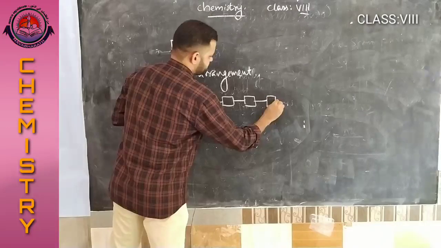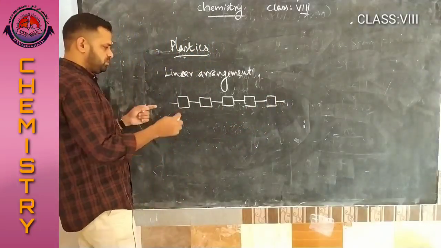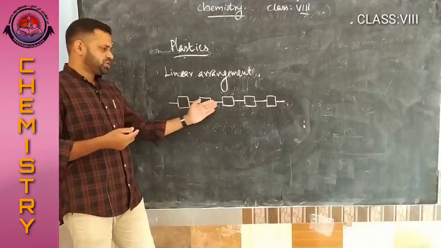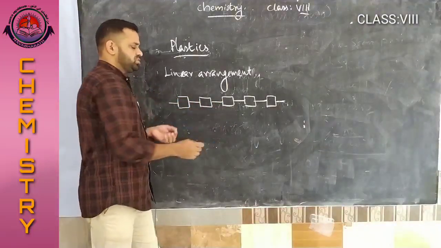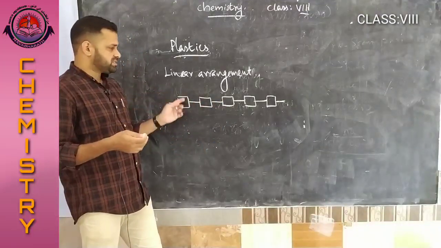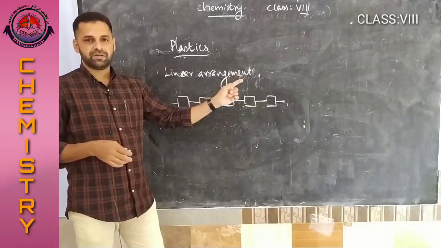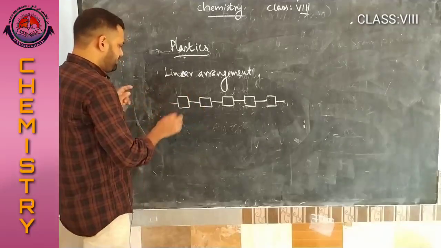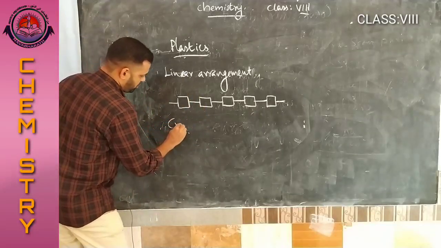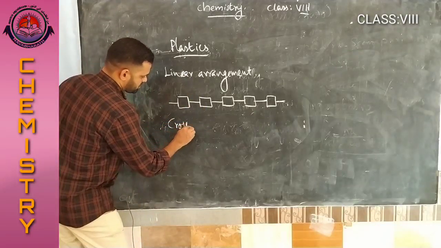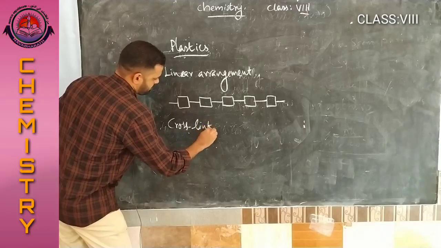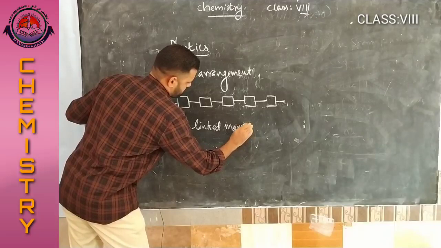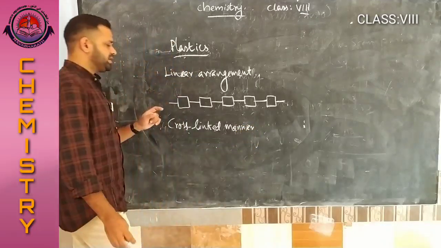See, all these boxes represent a monomer. The monomers are joined end to end. This type of arrangement is called linear arrangement. So some plastics are arranged in this manner, and some others are arranged in a cross-linked manner, or cross-linked arrangement.